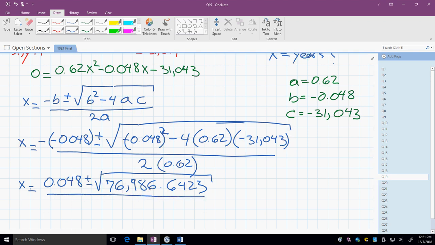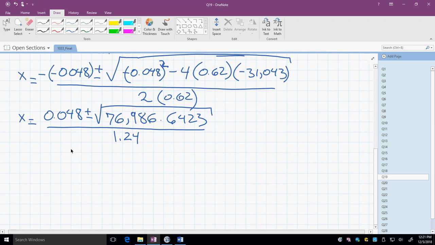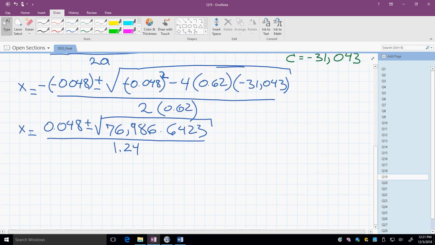Now in the bottom, I'm gonna have 2 times 0.62, 1.24. So now take the square root of that big number.